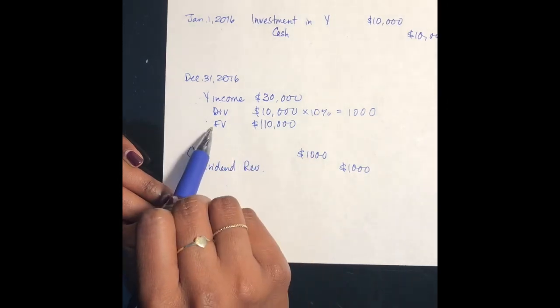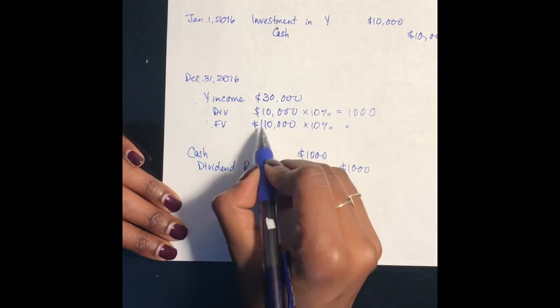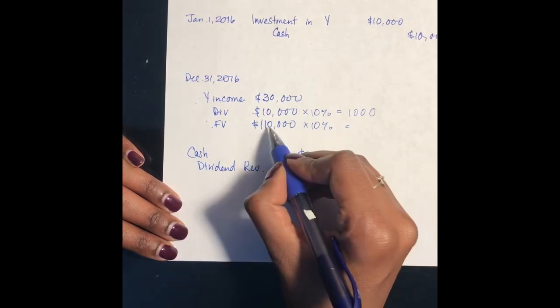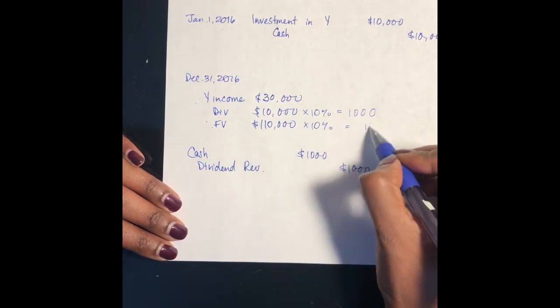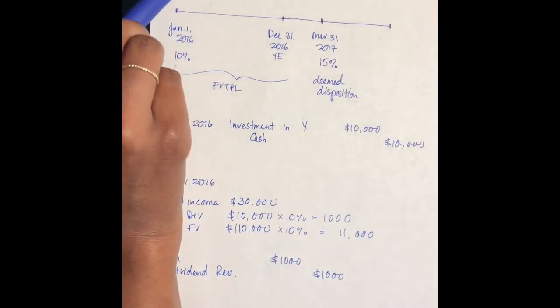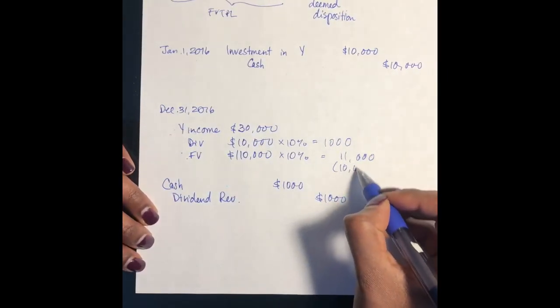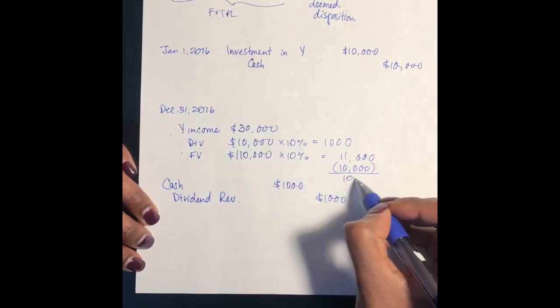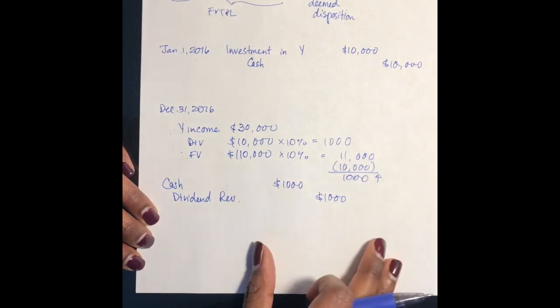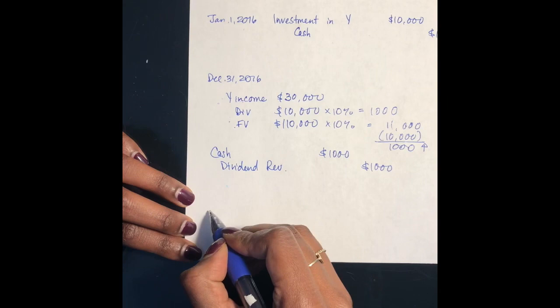Very simple. You take your fair value. You have 10% of this. So the fair value of your 10% is 110 times 10%, which is 11,000. You previously had 10,000. That's what you acquired it at. The difference is 1,000. It went up by 1,000. That's your gain.